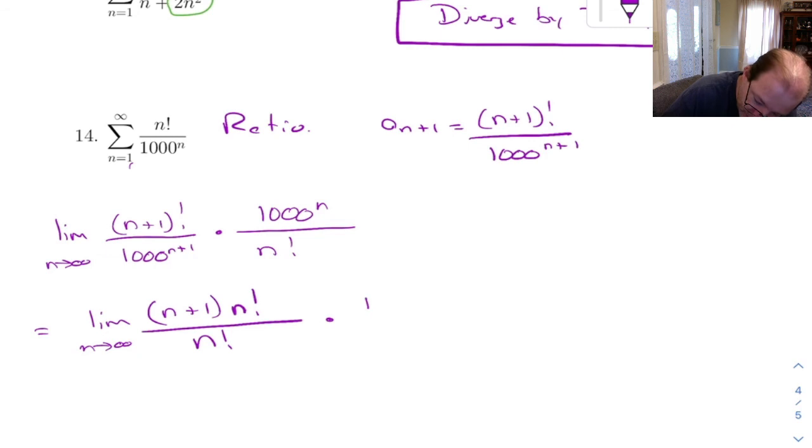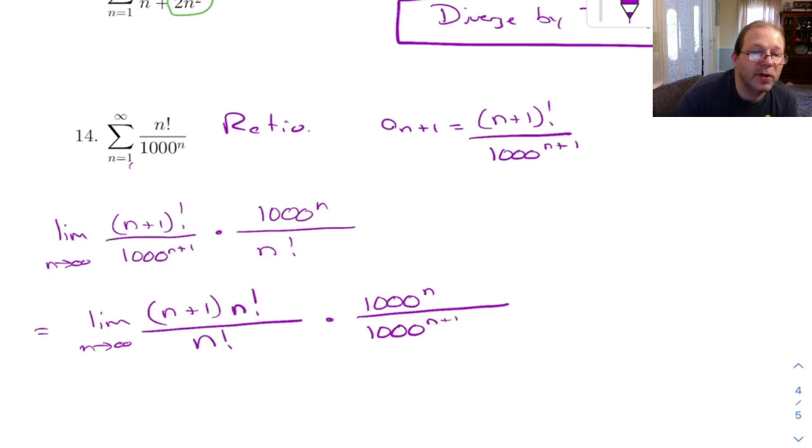Now the 1,000, I've got 1,000 to the n. Down here I've got 1,000 to the n plus 1. And I'm going to do the same thing there. I'm going to take that plus 1 off and just multiply by 1,000. That way we've still got our n plus 1 factors of 1,000. Okay, now we can cancel these guys.